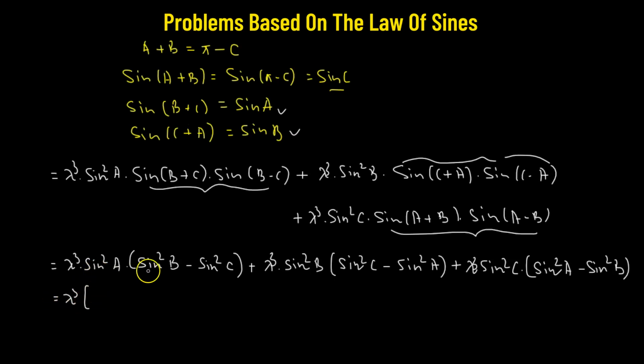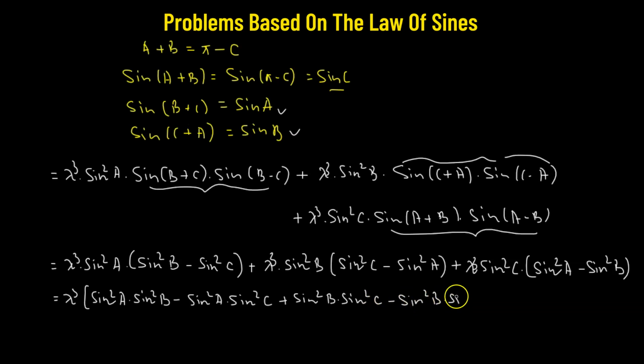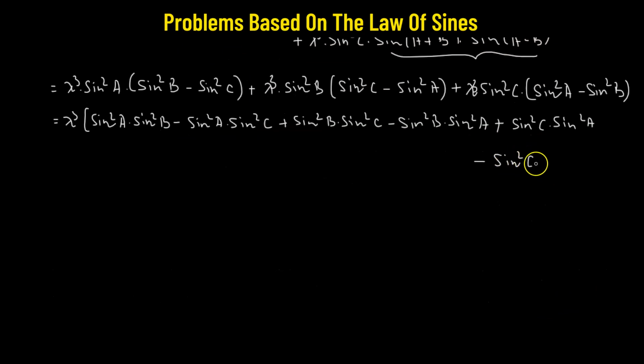We can now multiply sine squared A with sine squared B minus sine squared C. That's going to give us sine squared A times sine squared B minus sine squared A times sine squared C. Plus we have sine squared B multiplied by sine squared C minus sine squared A, which gives sine squared B times sine squared C minus sine squared B times sine squared A. Then coming to the last term, we have sine squared C times sine squared A minus sine squared C times sine squared B.